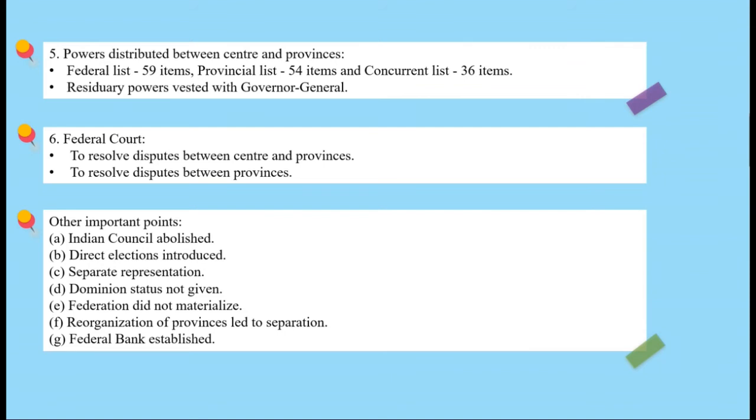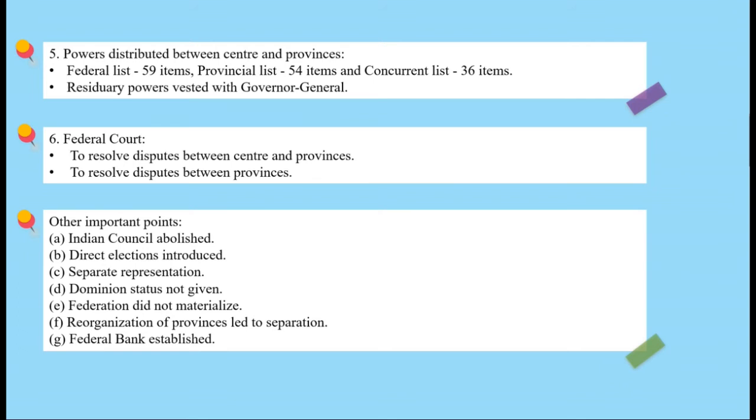E. In case of conflict between the provincial and federal law on subjects in the concurrent list, the federal law prevailed. In case the provincial law was reserved for the consideration of the Governor General, and if the law received his assent, then the provincial law prevailed.